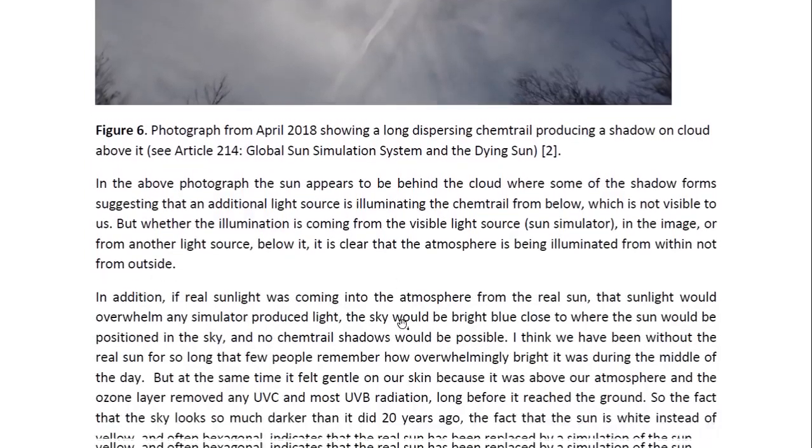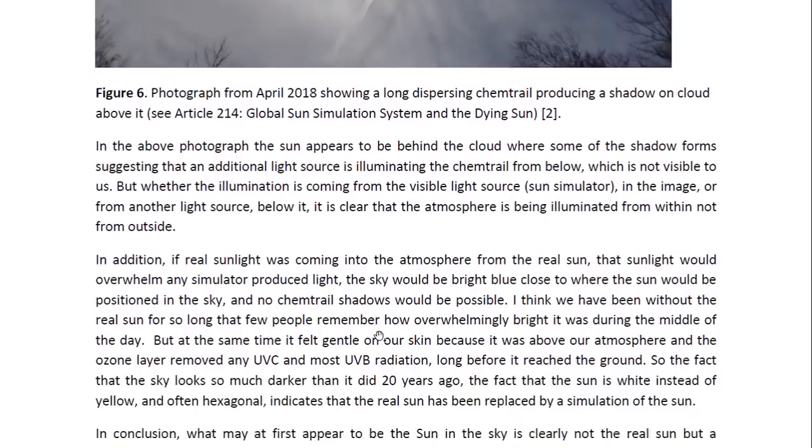Now, in addition, if real sunlight was coming into the atmosphere from the real sun, that sunlight would overwhelm any simulator-produced light. The sky would be bright blue, close to where the sun would be positioned in the sky, and no chemtrail shadows would be possible.